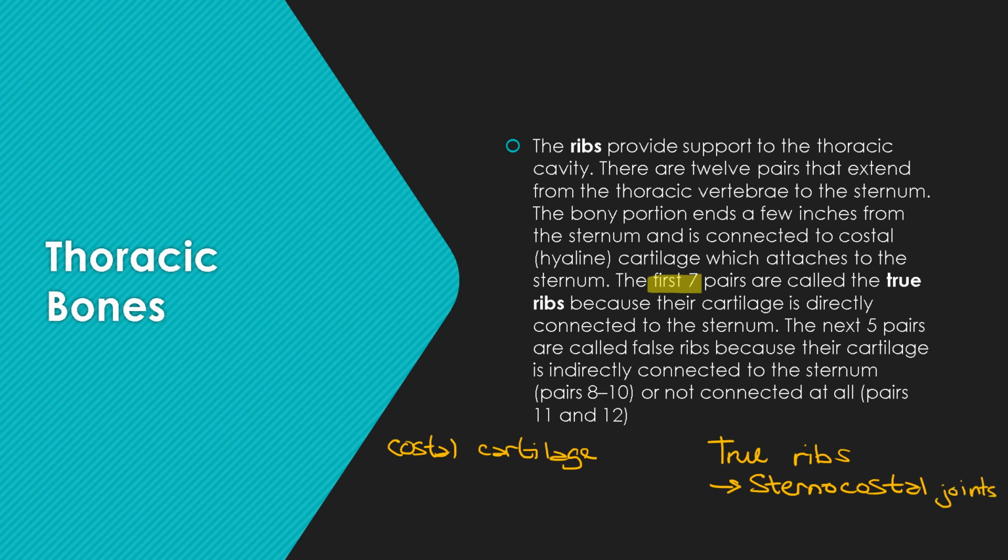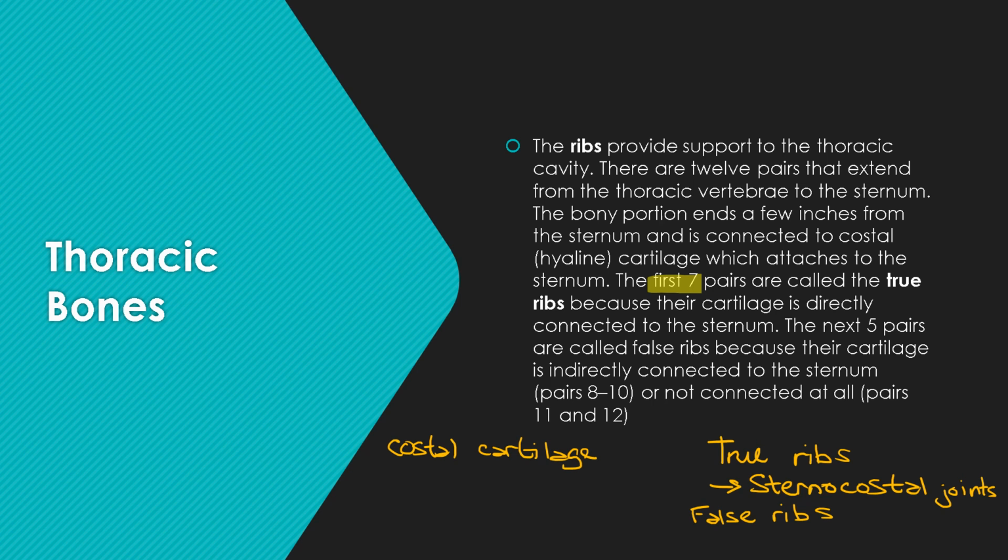Now the remaining 5 pairs of ribs are called false ribs. And this is because their costal cartilages either attach indirectly to the sternum, or they don't attach to the sternum at all.